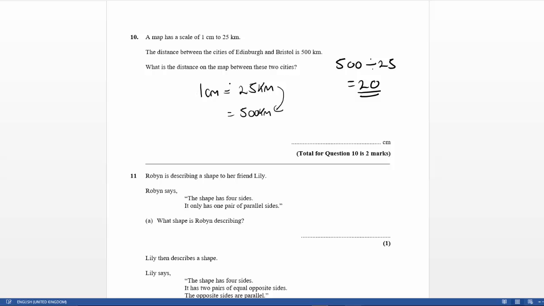Now, so I did times 20 here. So in order for me to find the corresponding scale factor of 500 kilometers on a map that's in centimeters, I'm going to do 1 times 20, which obviously is 20 centimeters. So what we're saying here, 500 kilometers is equivalent to 20 centimeters on our scale map. So that's your answer.